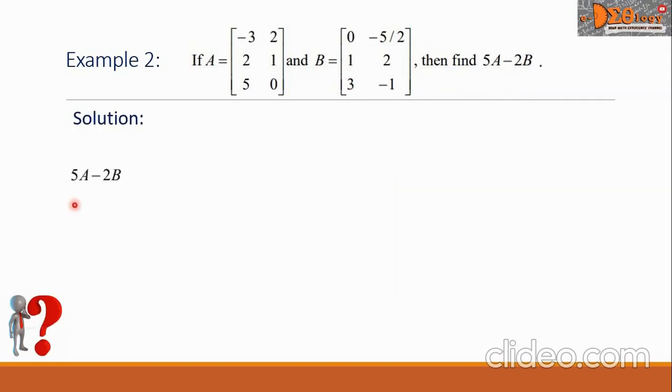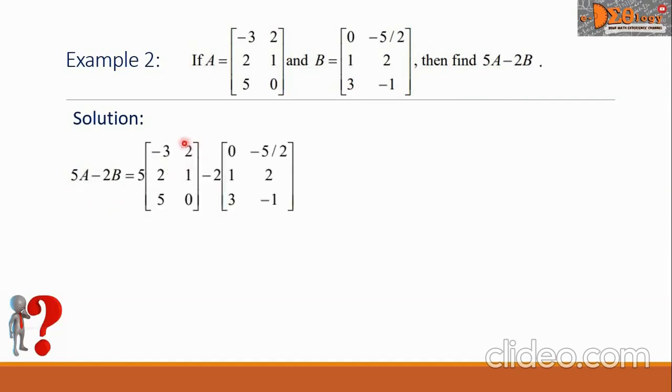Let us evaluate 5A minus 2B. So we have 5 multiplied by the matrix A minus 2 times matrix B.